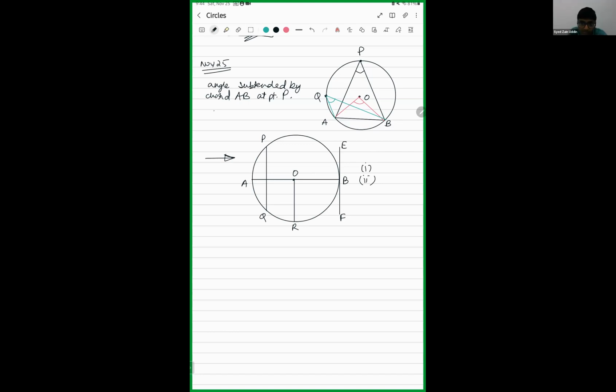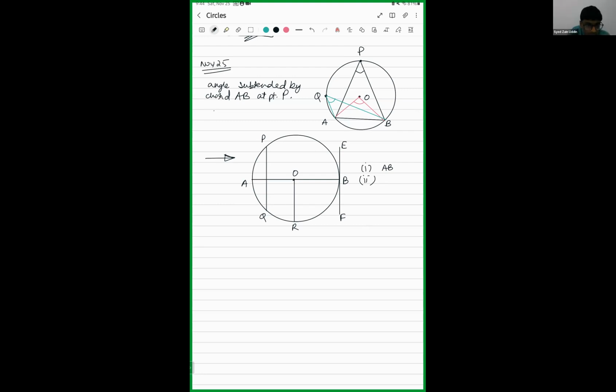AB and QR. AB and OR. OR is a chord. Acha. Then can you tell me which line segment over here is a radius? Can you repeat?